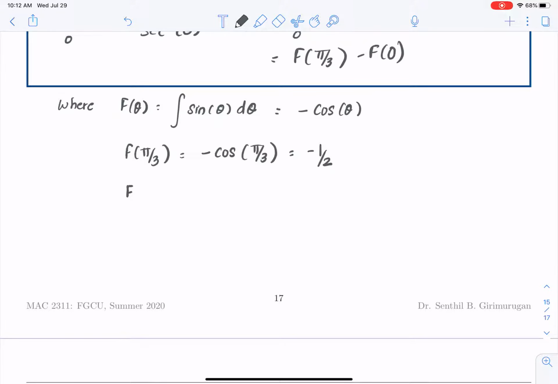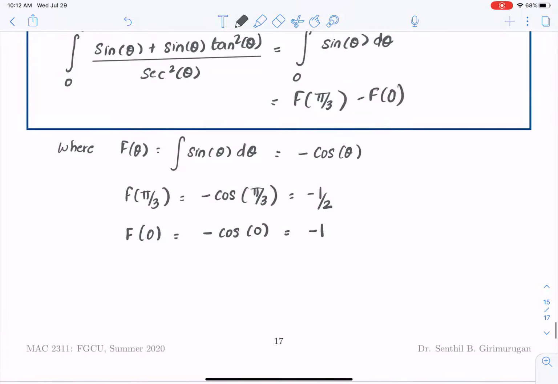You can use your calculator to get that. And F of 0 would be negative cosine 0, negative 1. Cosine 0 is 1, and there is a negative in the front. So we have minus half, minus negative 1, which is 1 minus 1 half. So the answer is 1 half.